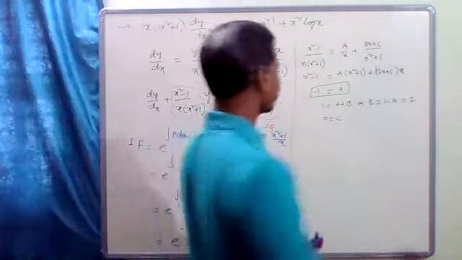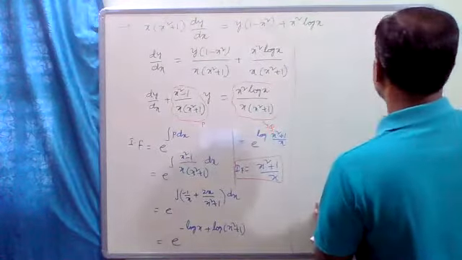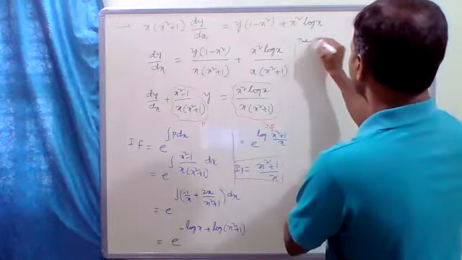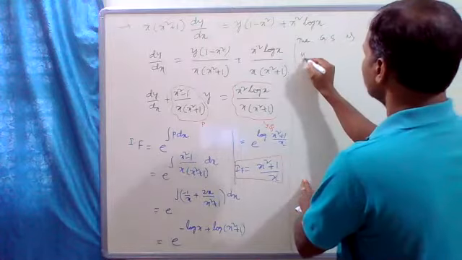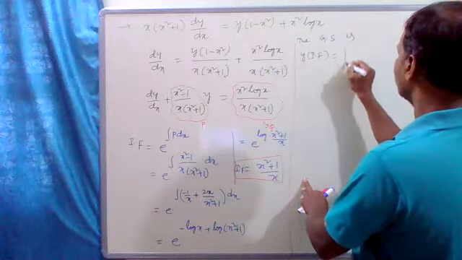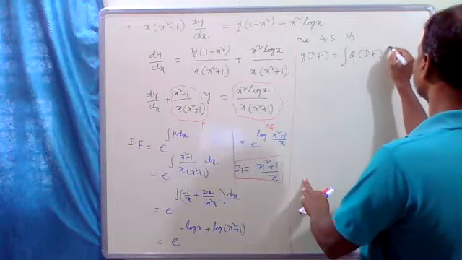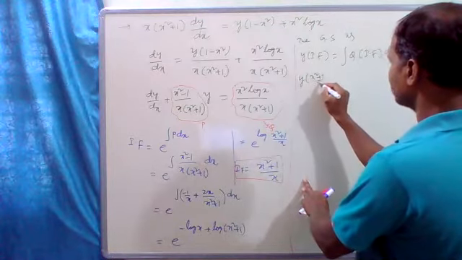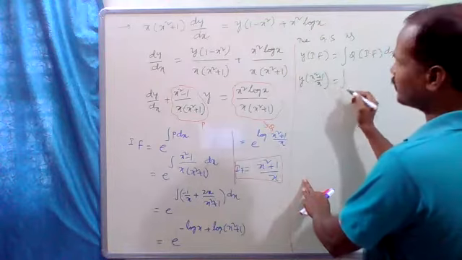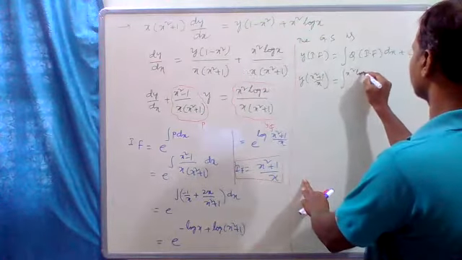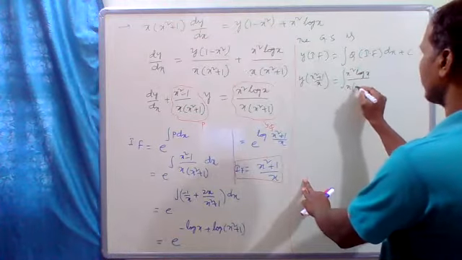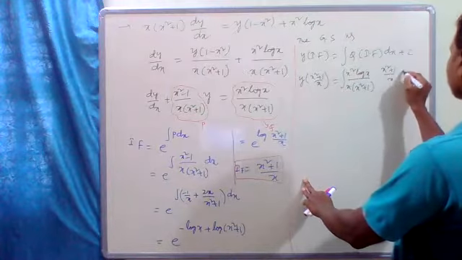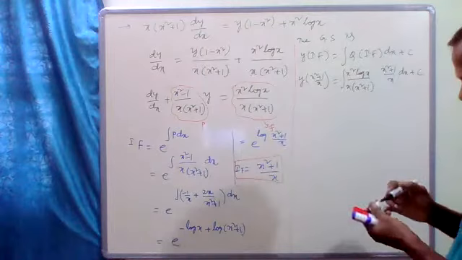Now what is the general solution? The general solution is y·IF = ∫Q·IF dx + c. So y·(x² + 1)/x = ∫ of what is Q? x² log x/(x(x² + 1)) into IF, (x² + 1)/x, dx + c.